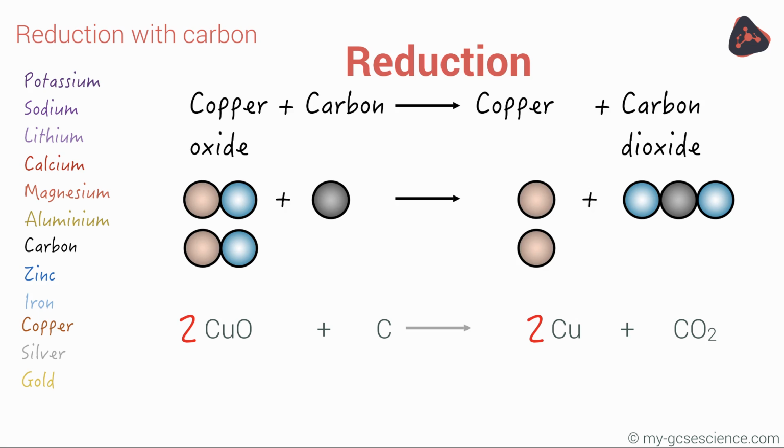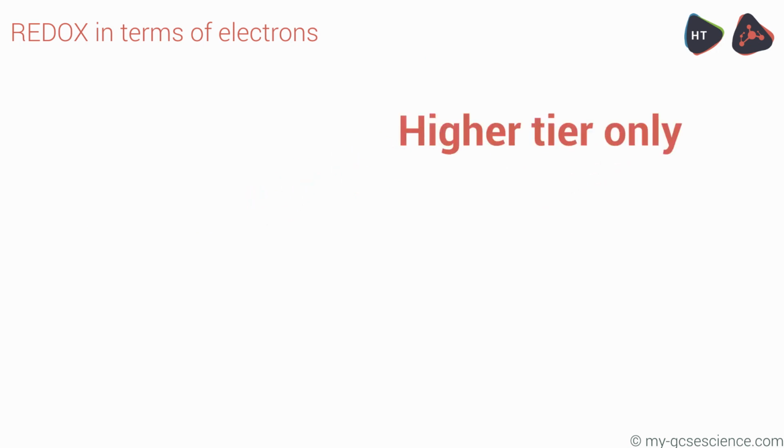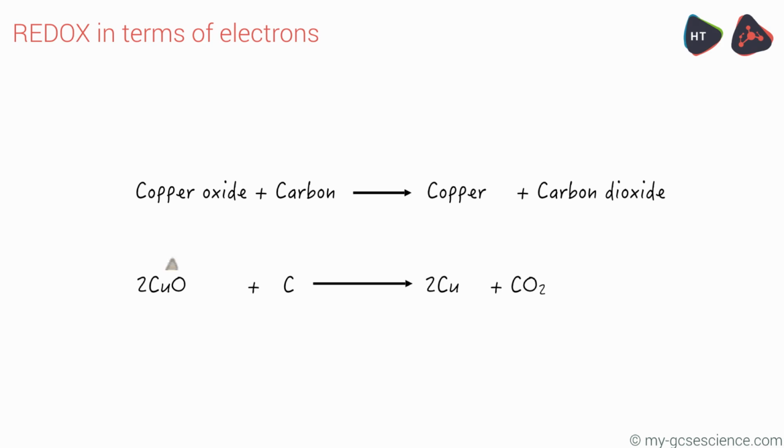the pure metal. If you are doing higher tier, then you need to be able to explain it in terms of electrons. So we said on the last slide that the copper is reduced because it lost its oxygen. In terms of electrons, in this compound the copper is a 2+ ion. Once the reaction is finished, the copper is an element, and that means it has no charge at all.